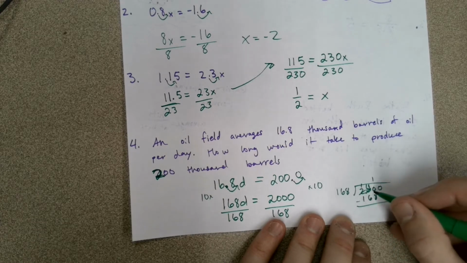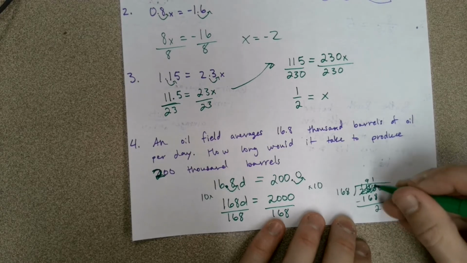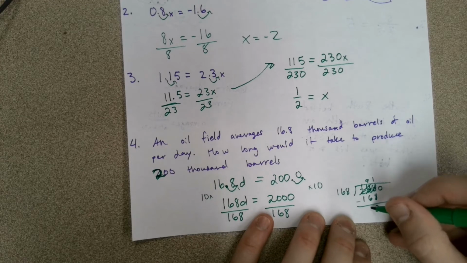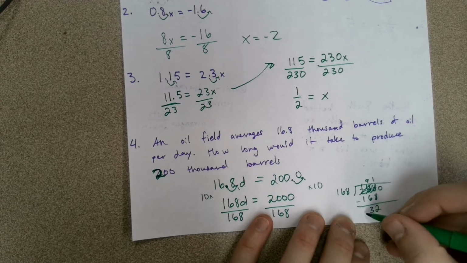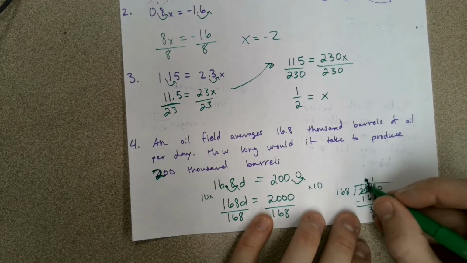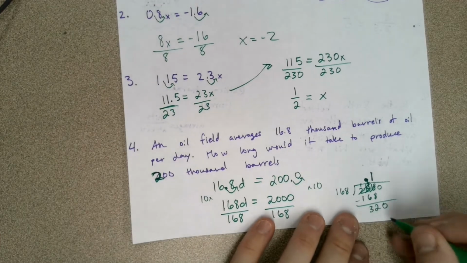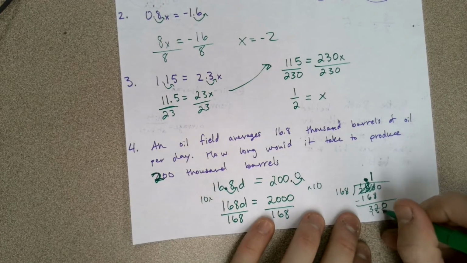Make that a 1. Make this a 9. Make that a 10 leaves 2, 3, 1, 0 over there. So we got 32. That should be scribbled out. We just got a 1 up here right now. Put 0 down there. You can go in there once as 168.